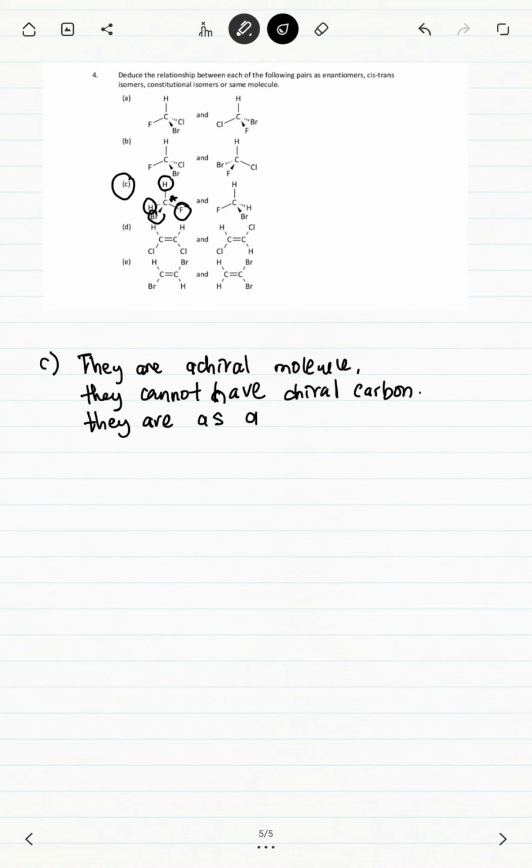What is the relationship of them? They are the same molecule. Is it the same molecule? Yes, same molecule. And at the same time, they are superimposable after the rotation occurs. Okay, next.